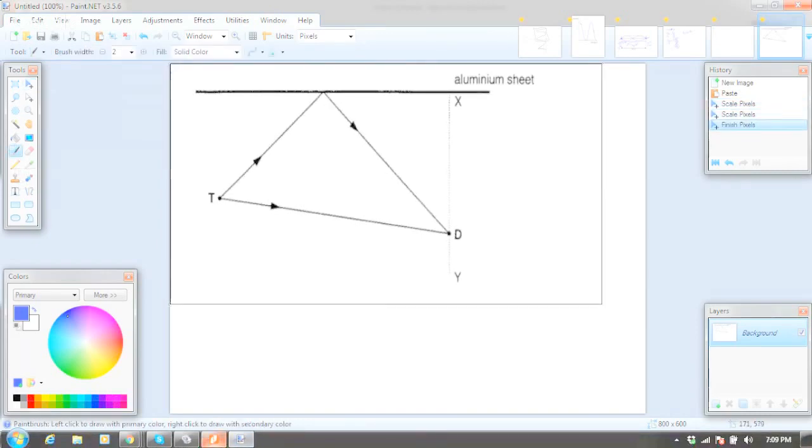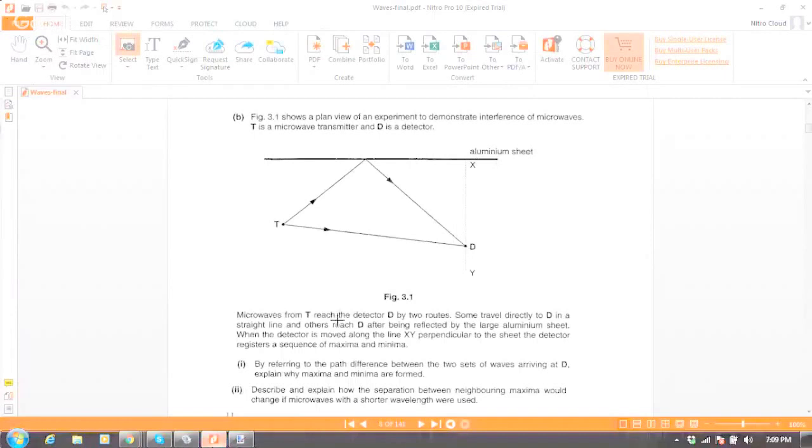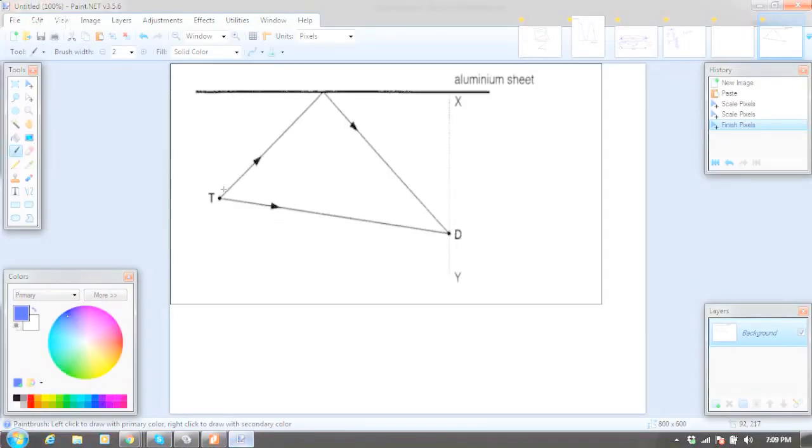So here's the diagram, and microwaves from T reach the detector D by two routes. Some travel directly to D, means this is first source. कुछ light यहाँ से directly आ रही है, कुछ light यहाँ से आ रही है. So, I mean, we can consider that these are two sources.